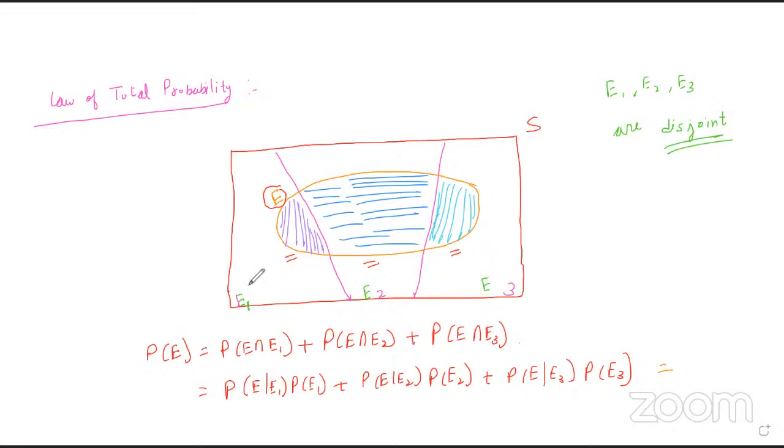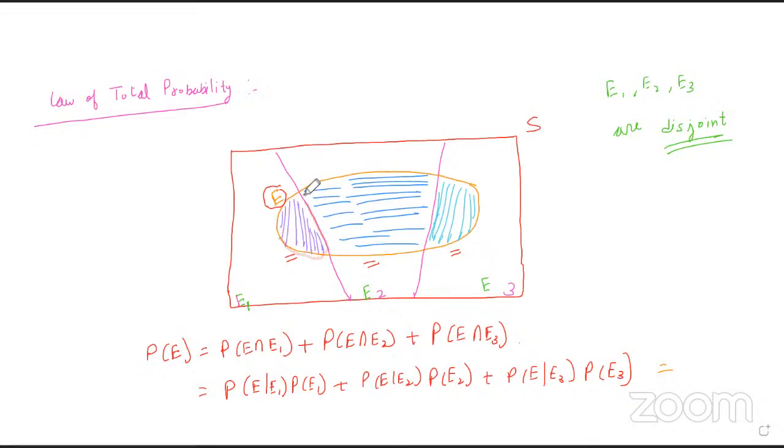So why do we use this law of total probability? Suppose I have my complete sample space S, and I know that there are some disjoint events E1, E2, and E3. And I have to find the probability of this complete event E. But for some reason, I don't know the probability of E within this sample space, but I do have some information about the occurrence of E if E1 occurs.